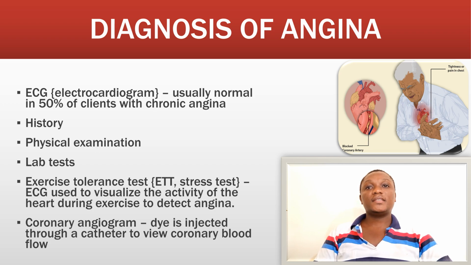There is exercise tolerance test, what we normally call ETT or stress test. Here, an ECG is used to visualize the activity of the heart during exercise to detect angina. Then you can also do coronary angiogram. And in coronary angiogram, a dye is injected through a catheter to view the coronary blood flow.